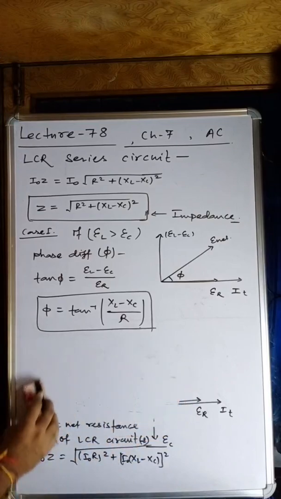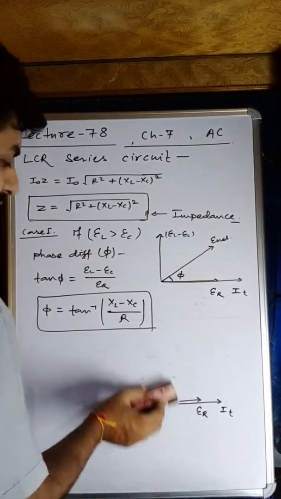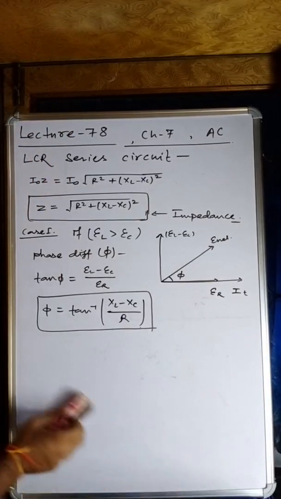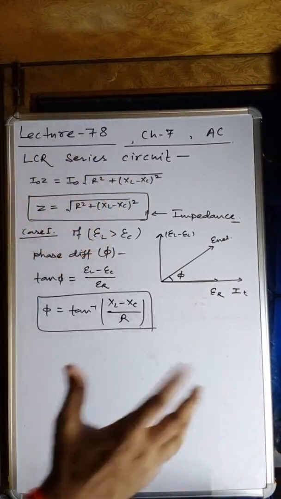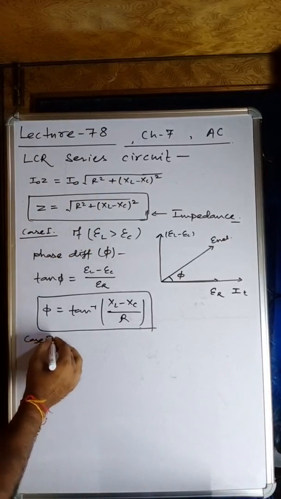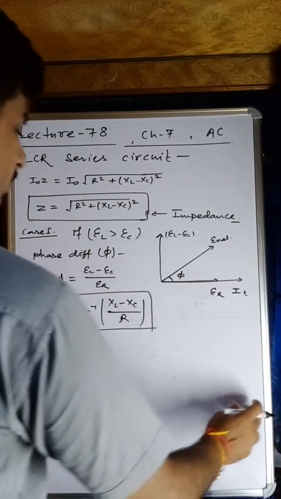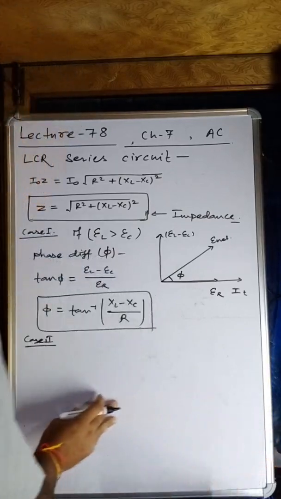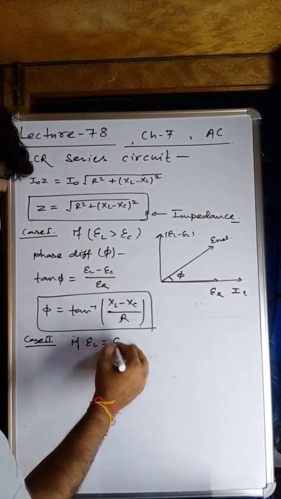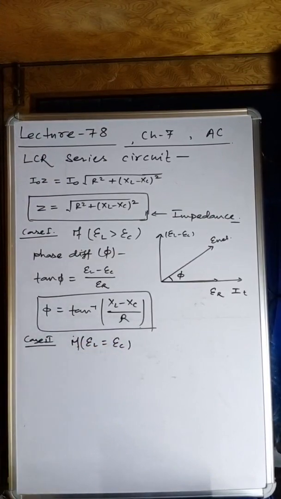If the voltage across both the devices, that is the inductor and the capacitor, is equal, let us try to analyze the case. This will be the case here: if EL equals EC. Okay, this is our case.